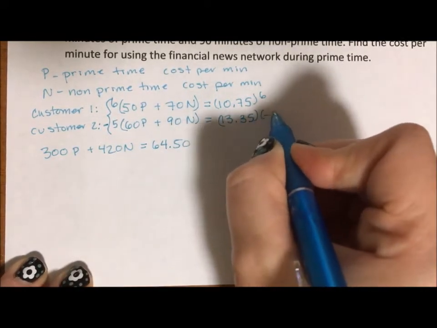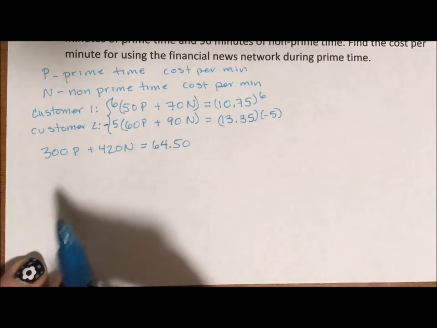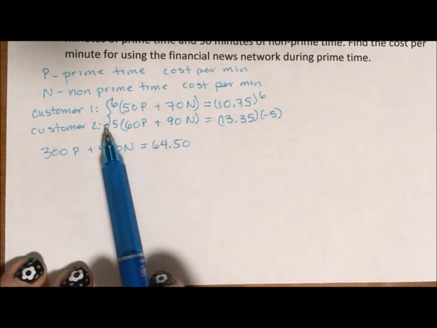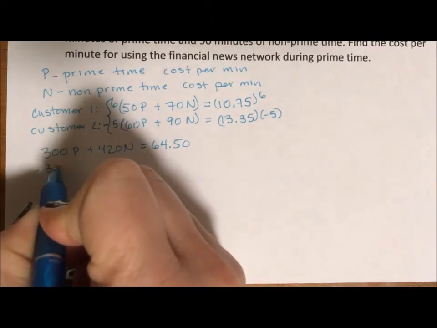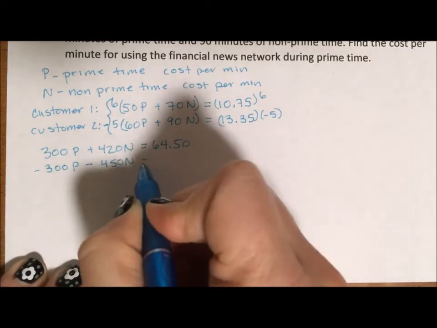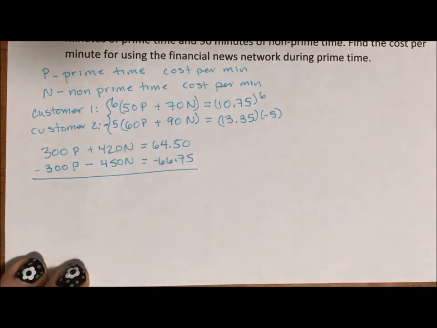I'm going to do it with -5 because I have found when you try to subtract equations, you'll be really good at subtracting the first term. But by the time you get to that third term, you're probably going to be adding. But if you simply multiply through by a negative number, I get -300P minus 450N equals -6675. I can now add down, the negatives have been taken care of for me.